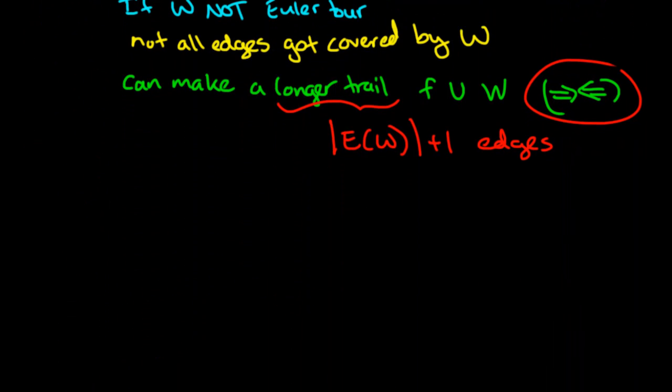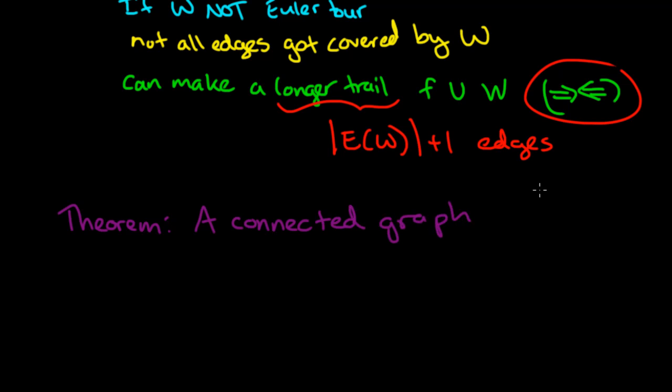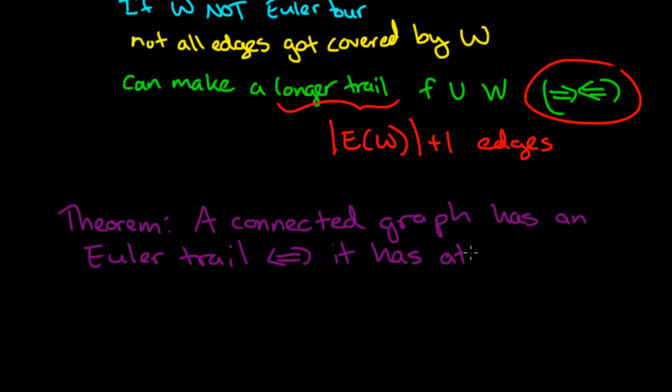And we saw in the bridges of Königsberg problem, actually, we had the answer. So this is our new theorem, that a connected graph has an Euler trail if and only if it has at most 2 vertices of odd degree.